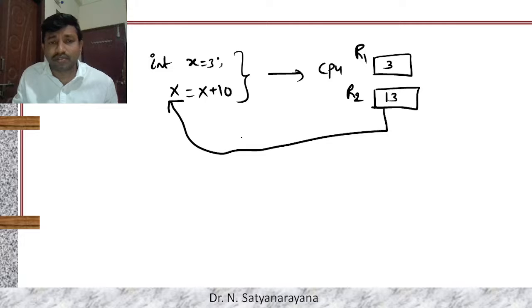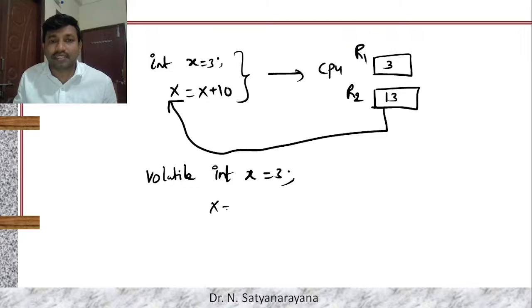Whenever you want to update a variable, the processor fetches the variable into the CPU registers, and then it updates. But there are cases where we restrict copying the variable into CPU registers before it updates. How do you do this? I can write volatile int x is equal to 3.